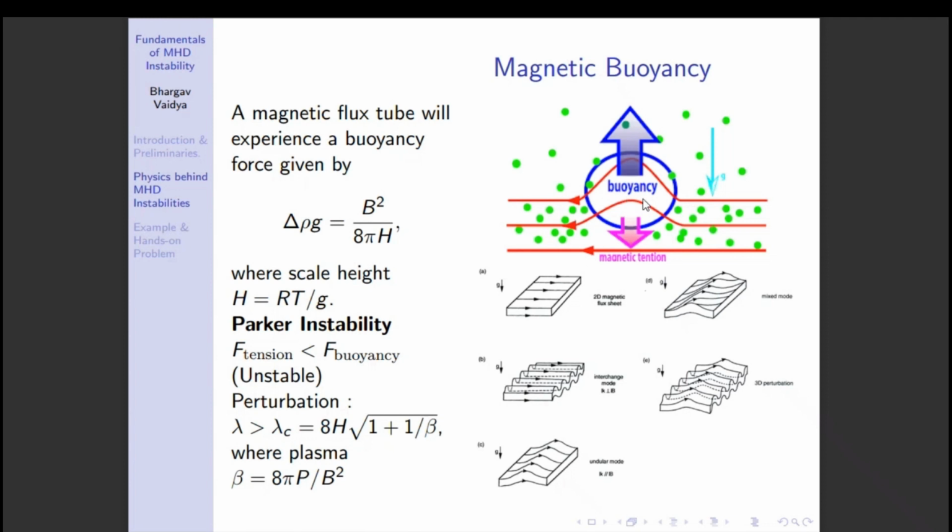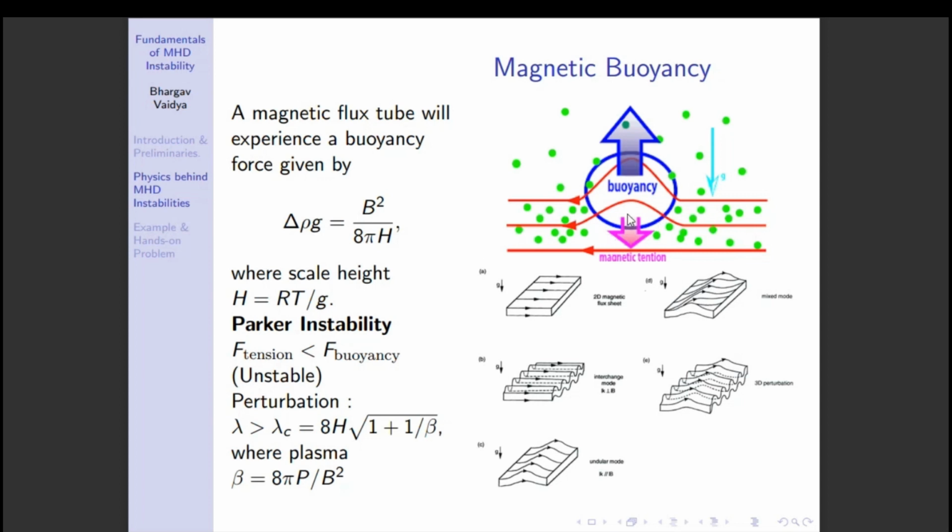There is a density change and gravity acting, so there's a buoyancy force given by delta rho times g, which is B squared by 8 pi H. It's just like taking a ball in water. The scale height H depends on the universal gas constant R, temperature T, and the acceleration due to gravity g.